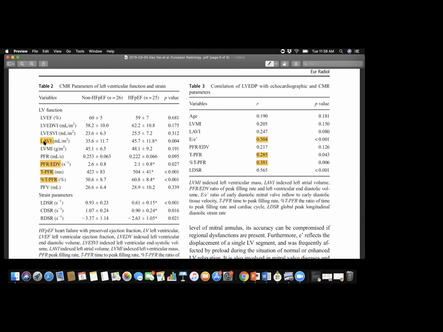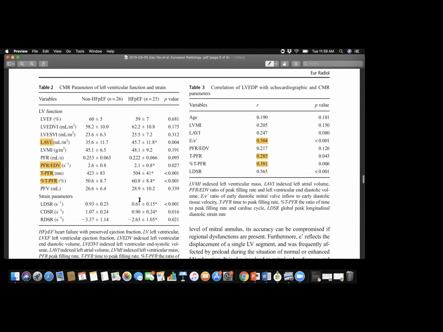And in addition to that, the LA volumes were also higher in this group. So those are the CMR diastolic parameters. And when they looked at the strain parameters, the longitudinal, circumferential, radial, all were significantly different in the HFpEF group, and they were abnormal and reduced.